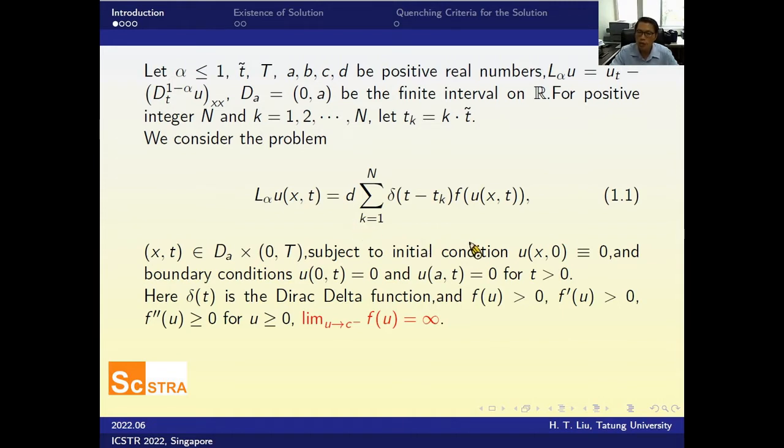And also, because of the special nature of f of u, when u goes to c, the f function will become infinity. So what this means is that we may have a special case where the right-hand side becomes unbounded when the time goes to a certain finite period. And if that happens, we say the solution quenches in finite time.